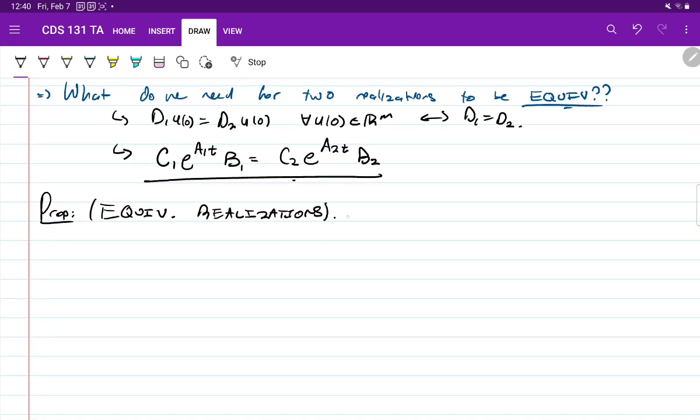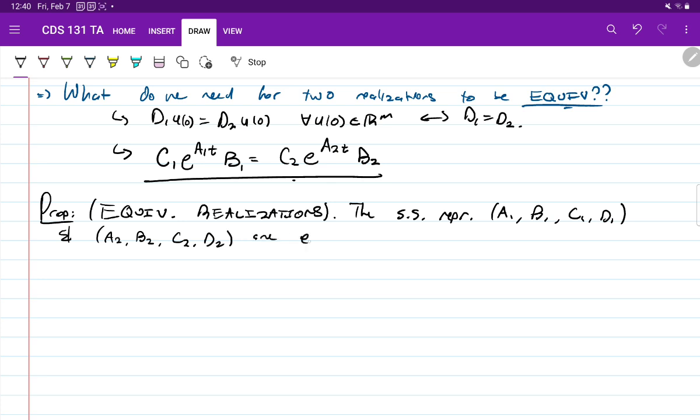Okay, so we say that the state space representations A1, B1, C1, D1 and A2, B2, C2, D2 are equivalent realizations if and only if the following two things hold.